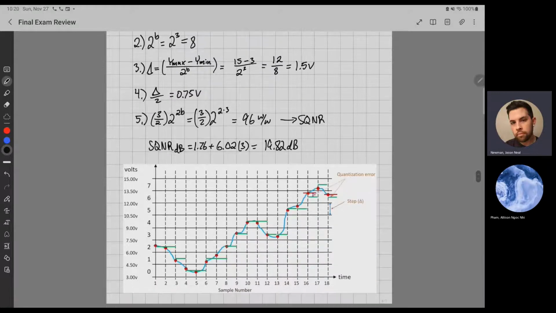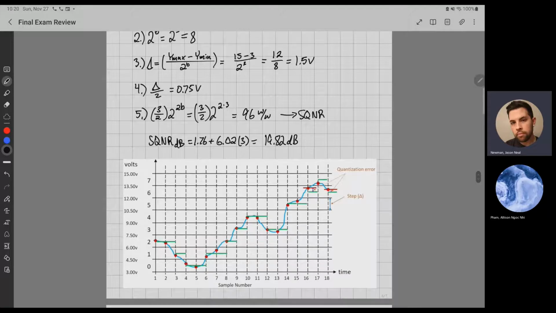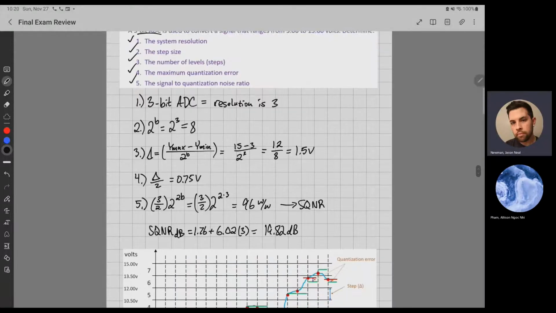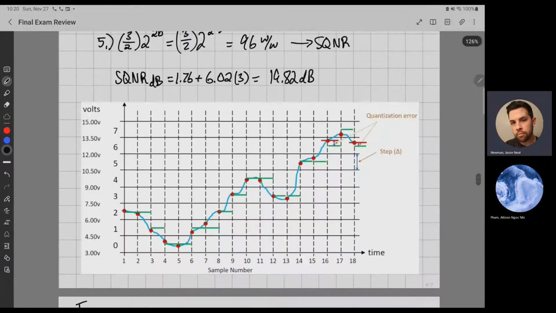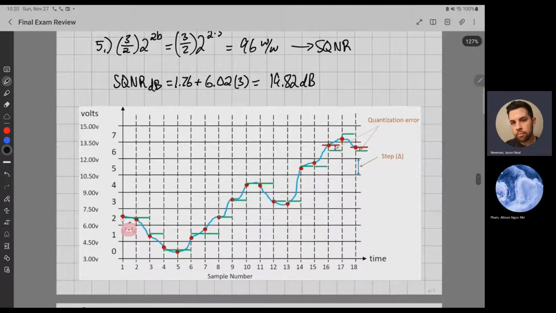And here's what the graph would look like for this exact same problem. This is just a random analog signal from 3 to 15. This would be Y min, Y max, and this is your quantizer. Your quantizer is what we showed earlier, getting these values as close as possible to these data points.